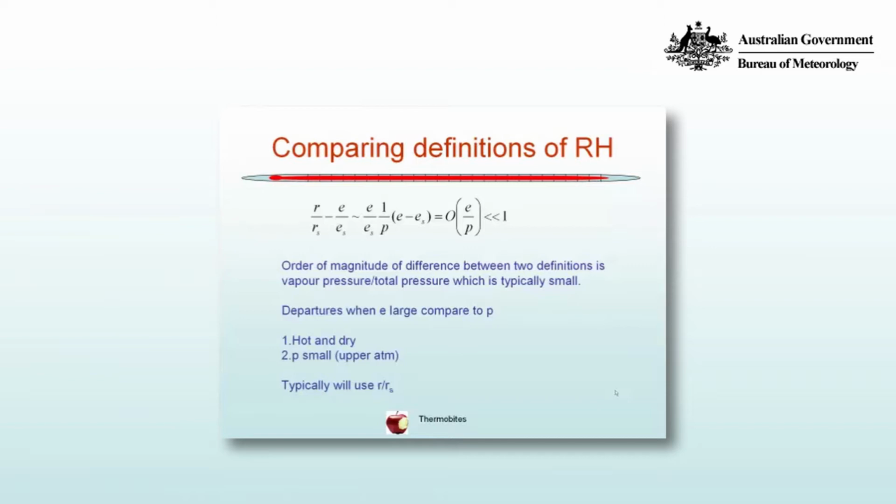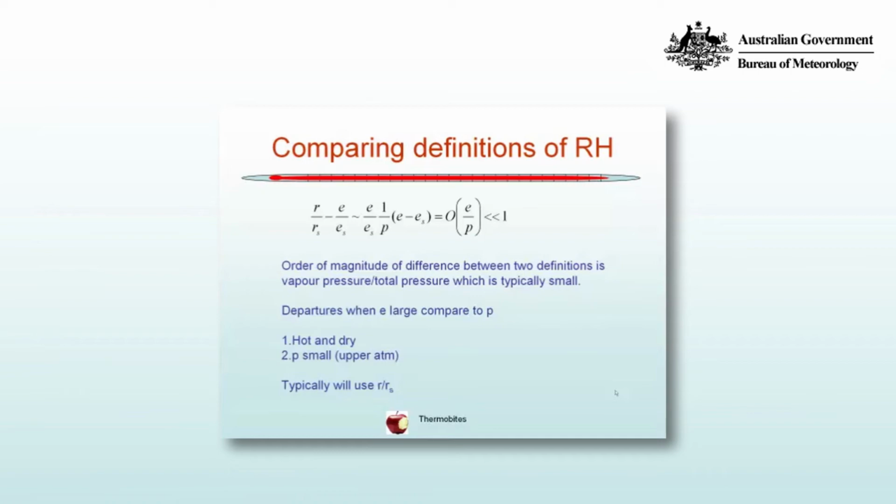Now this expression here, in the numerator we have the squared of vapor pressures, and on the denominator we have the sum of vapor pressures by pressure, and so that's of order, or of magnitude, the vapor pressure over the total pressure, which we've said is quite small, much less than 1, which means that the right hand side of the equation is approximately equal to 0, or R on RS is approximately equal to E on ES. In other words, it doesn't really matter which definition of relative humidity that we use, and because it's convenient we'll use the ratio of the mixing ratios.